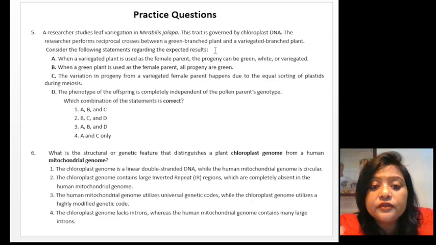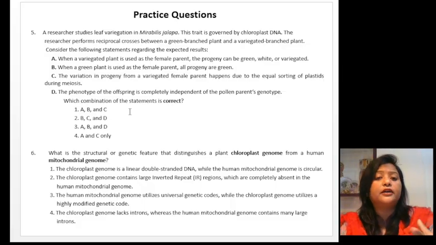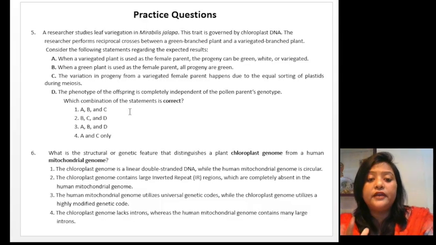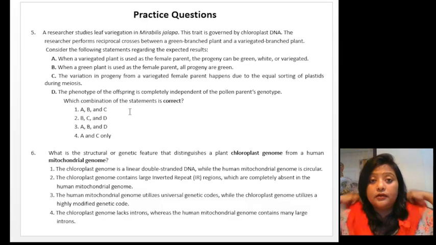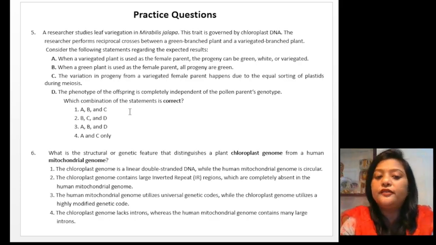Which one of them is the expected result? Again, a variegated plant means different types of colors are there: green, white, and yellow. If it is the female plant, what will be there in the progeny? I will not tell you because I told you the answer. Out here one of them is wrong and the other 3 are right, so you have to know which is right.